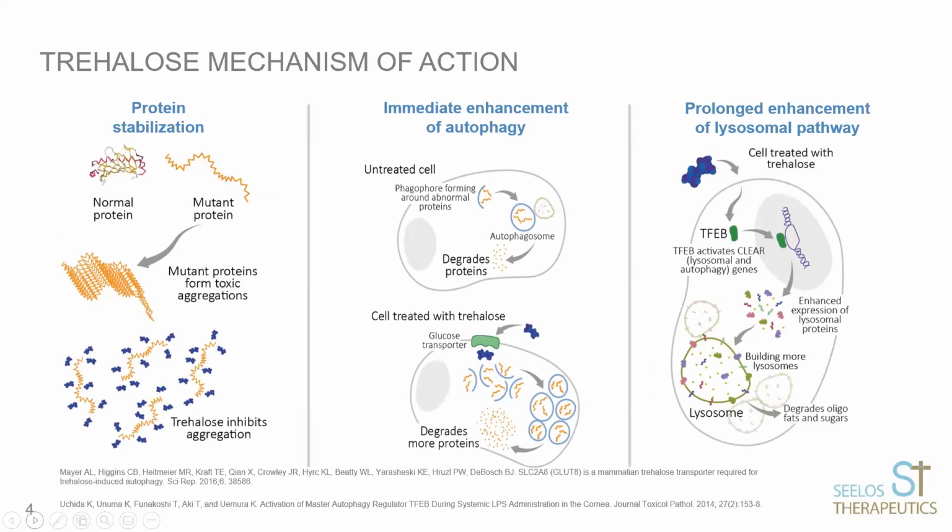It enhances autophagy, and primarily, if you look at the third bar on the right, it activates the transcription network by activating the transcription factor EB, which translocates from the cytoplasm into the nucleus and activates both the lysosomal pathways and the autophagy genes, through which these mutant protein aggregates of TDP43 or SOD1 or similar pathological accumulates can be cleared out.